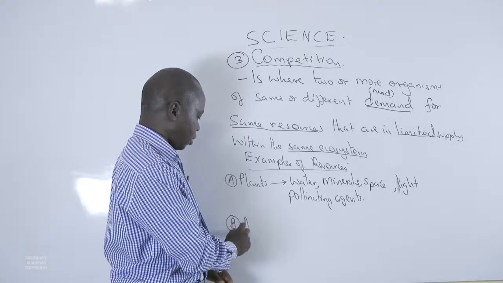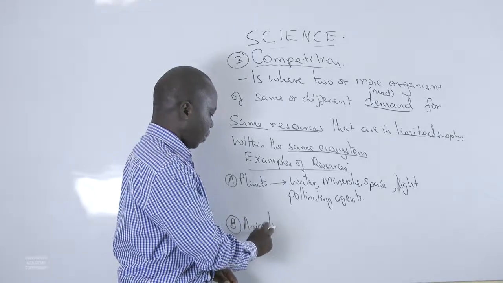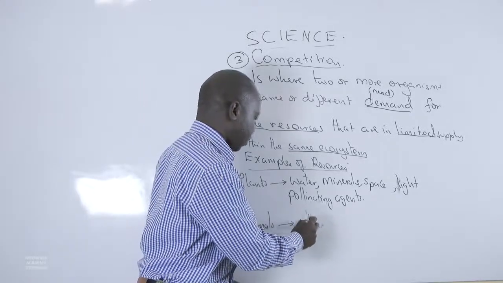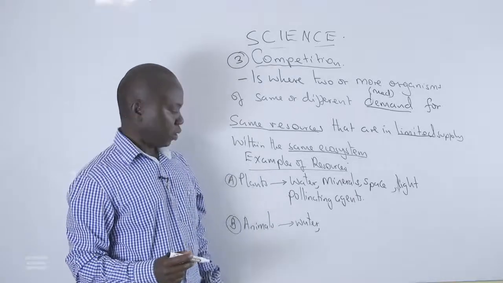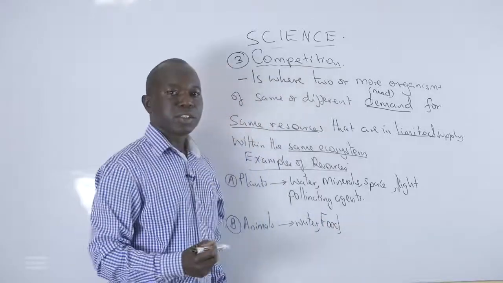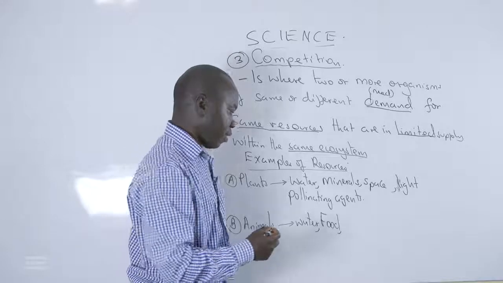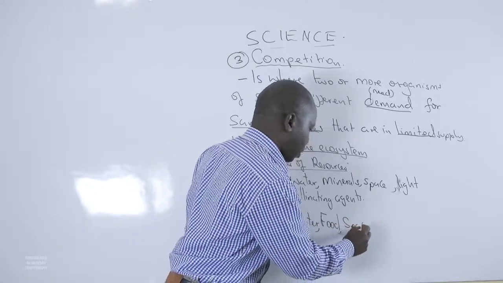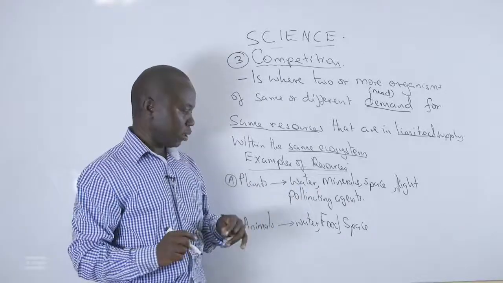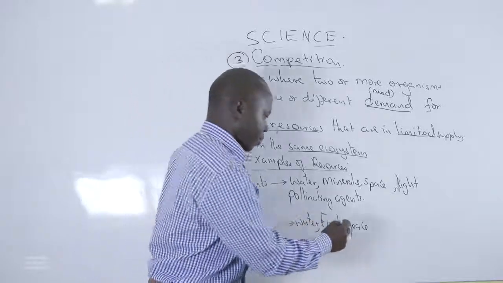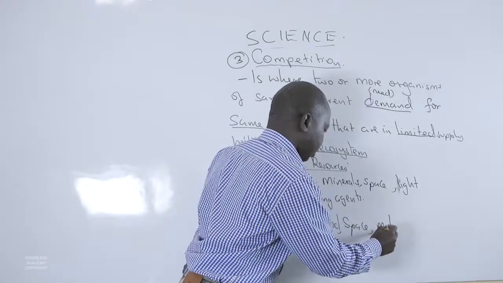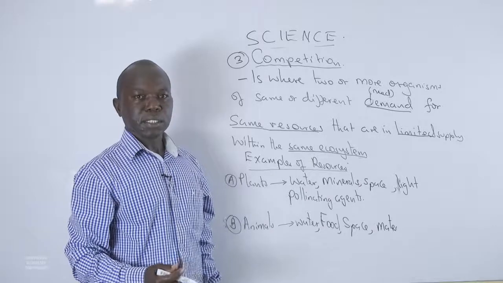Then for animals, they are also varied depending on the ecosystem. We can have water, very important for both plants and animals. They also compete for food. Animals compete for space. That's why we have animals in the wild marking their territories where they are supposed to live. You also have competition for mates, the opposite sex.